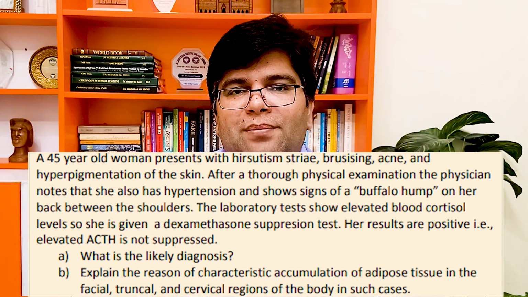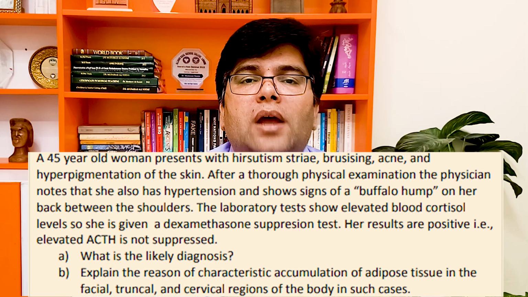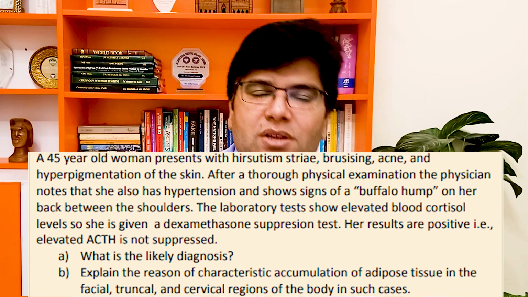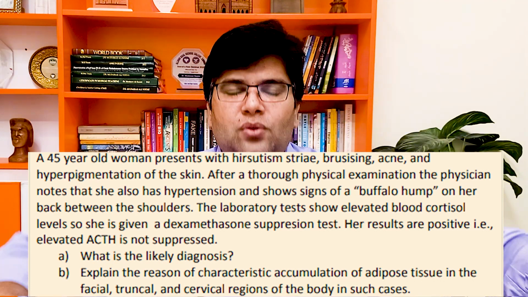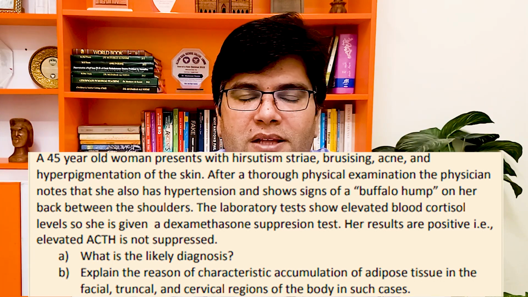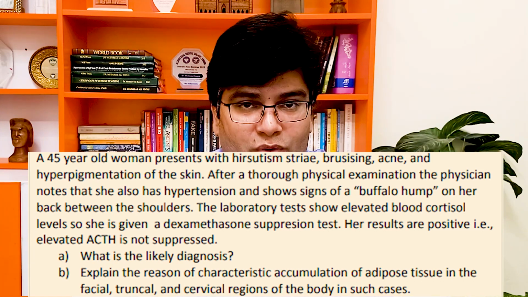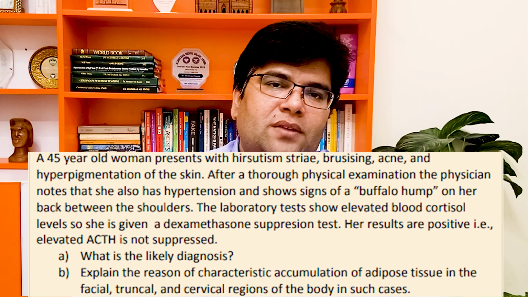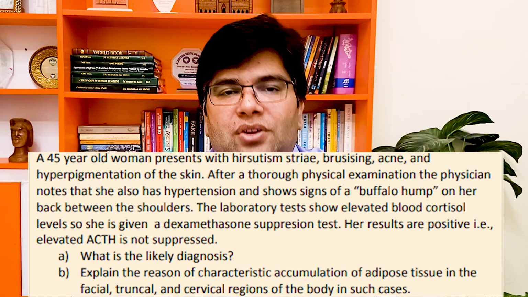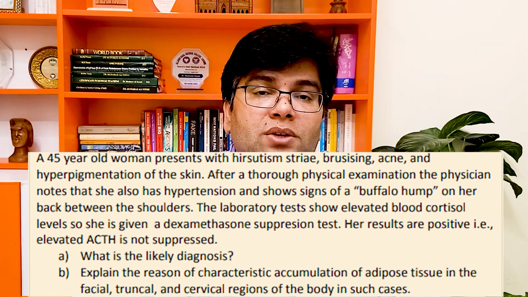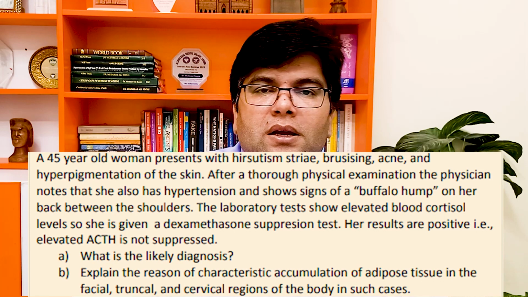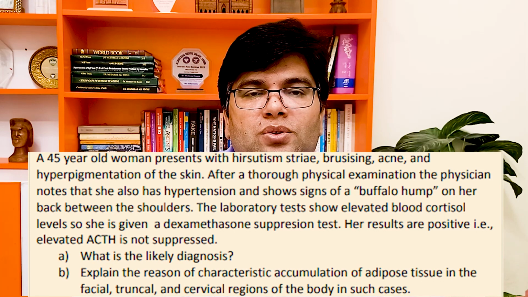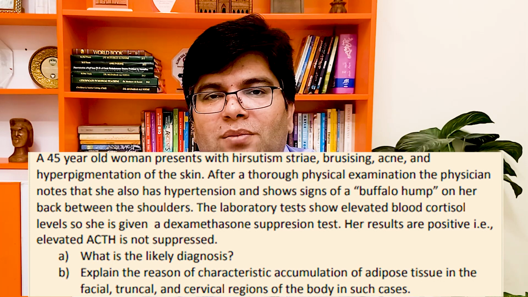So there is more fat breakdown, lipolysis, and those lipids are redistributed mainly from the periphery towards the center, and fats accumulate in the central region of the body, in the abdomen, in the chest, in the face, and in the neck region. These persons with Cushing syndrome also have increased food intake, so this also contributes to the accumulation of fat in the central region of the body.